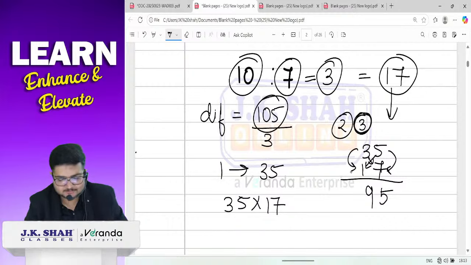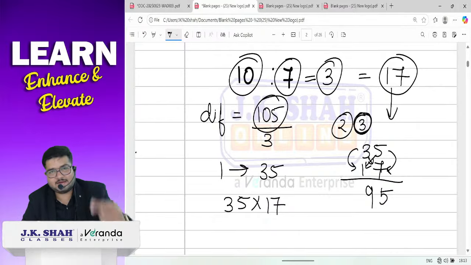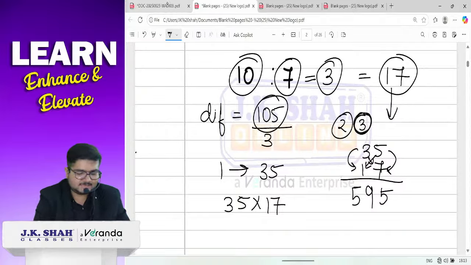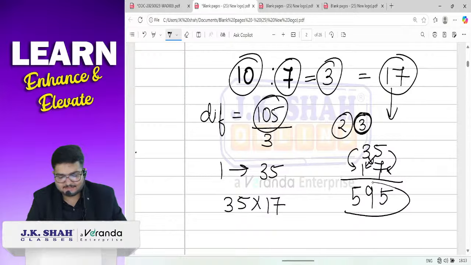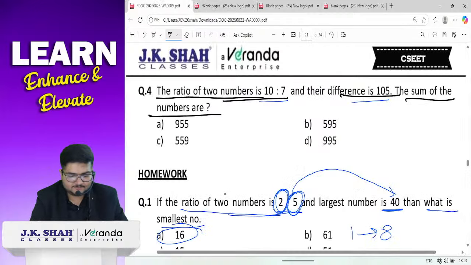Now the last step, 3 ones are 3. To 3 you add the carry forward value, that is 3 plus 2, 5. 595 is the correct answer. That means 17 parts will be equal to 595.